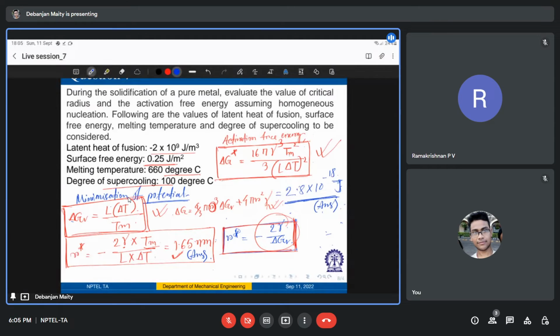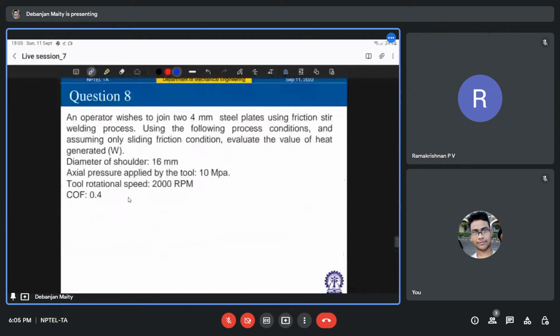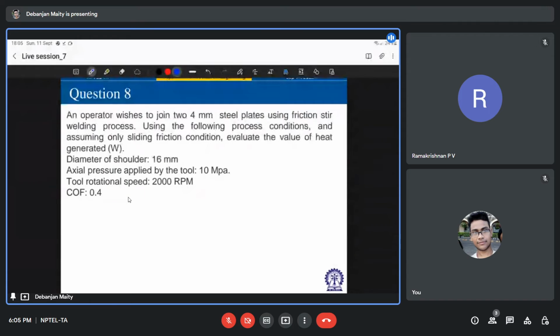So let's move to the last question then. This is a question from Friction Stir Welding. It says that an operator wishes to join two steel plates using the FSW process using the following process conditions. So here we are using a pinless tool.